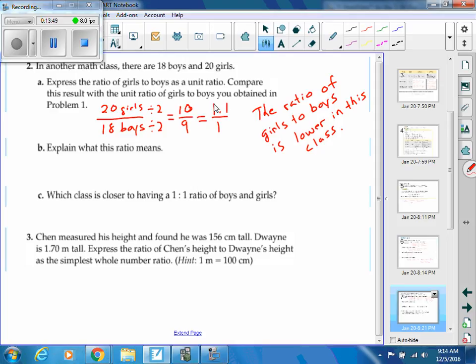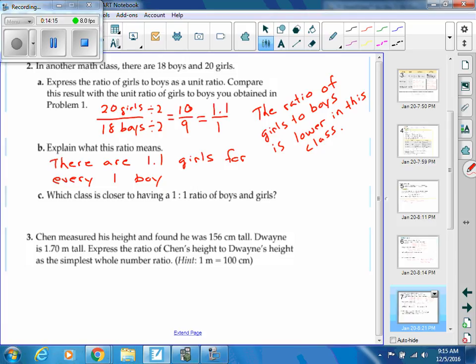Okay, what does this ratio mean? It means there are 1.1 girls for every 1 boy. Which class is closer to having a 1-to-1 ratio of boys to girls?